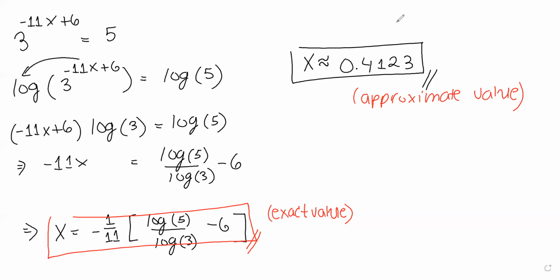Now, there's different methods, especially from textbook to textbook. So I'd like to do the same problem, but using a different method. So I'm still going to repeat 3 to the negative 11x plus 6 equals 5.